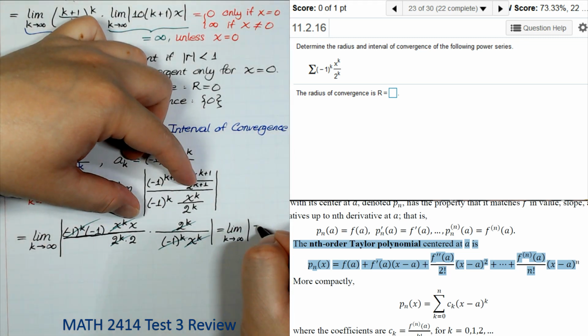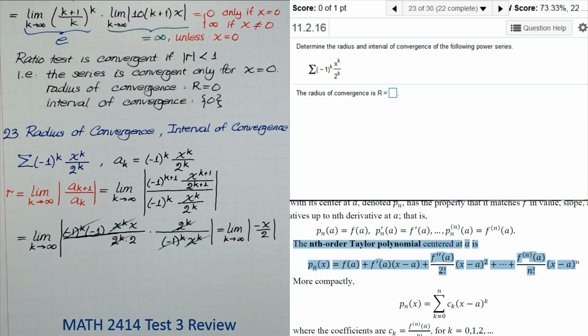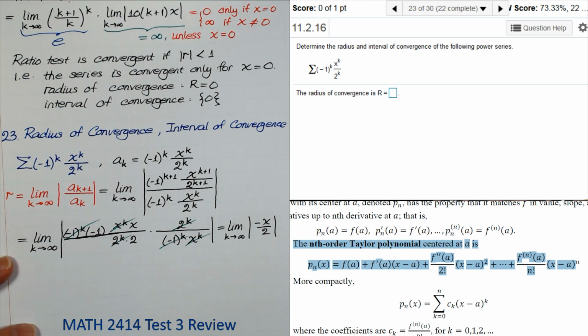Negative x over 2. Everything cancels out except that.